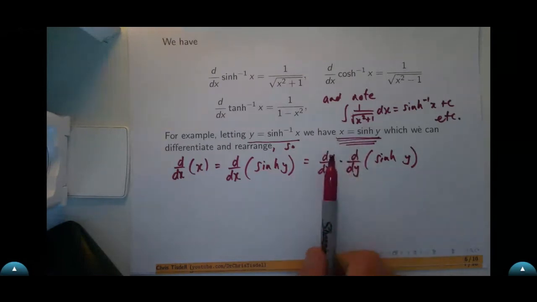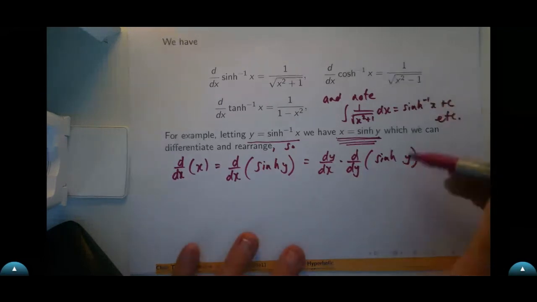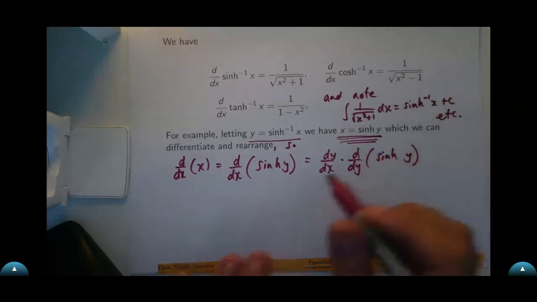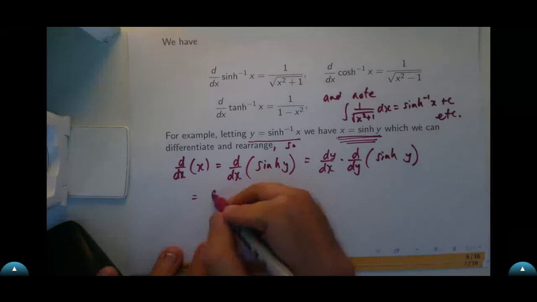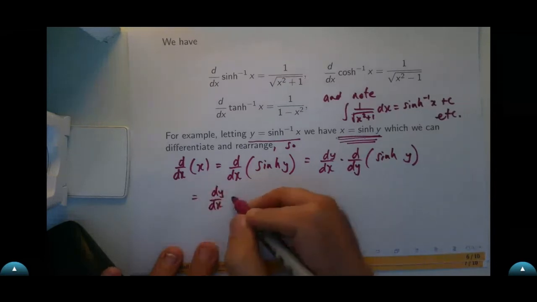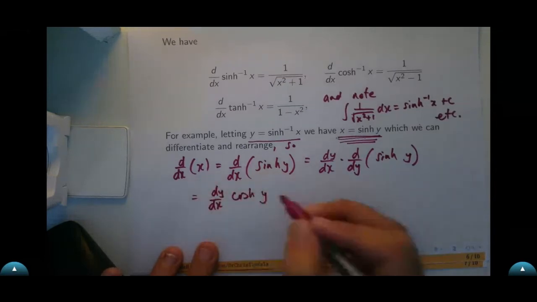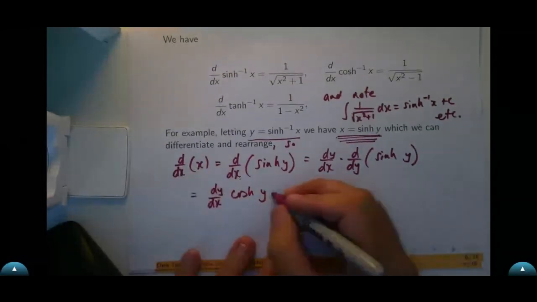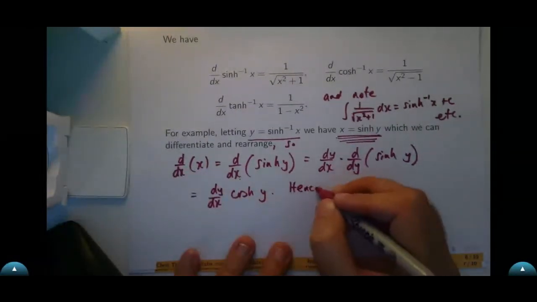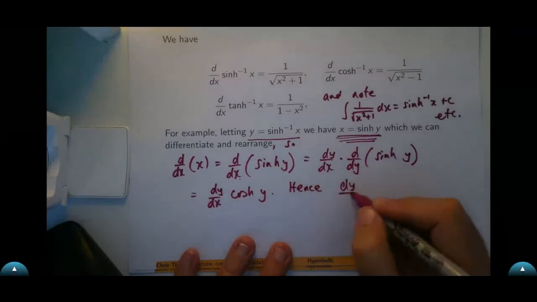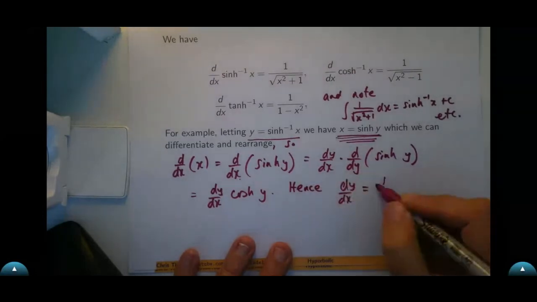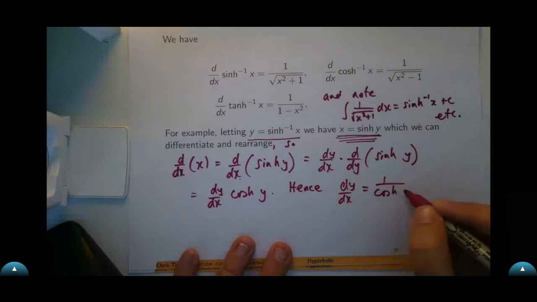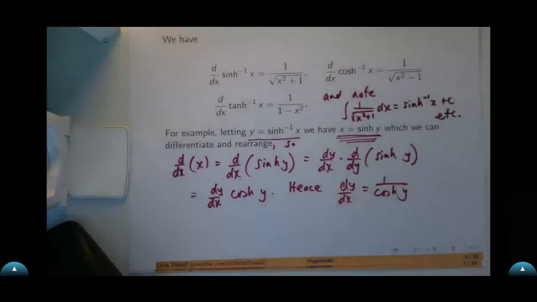If that's your dy dx, right? We know the derivative of hyperbolic sine is hyperbolic cosh. And this is just 1, right? If I differentiate x with respect to x. So you get something like this, okay?